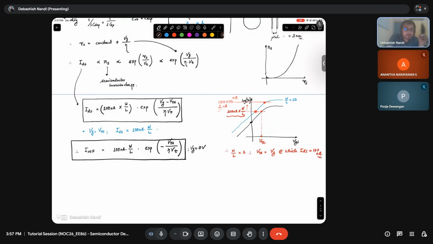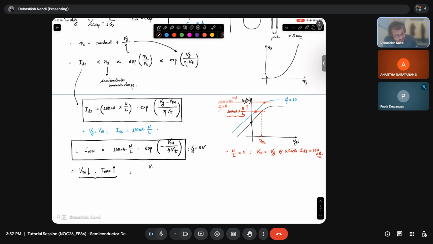Is it clear? Yes, sir. So are you able to see that if my Vth goes down, my Ioff will go up, right? Yes, sir.